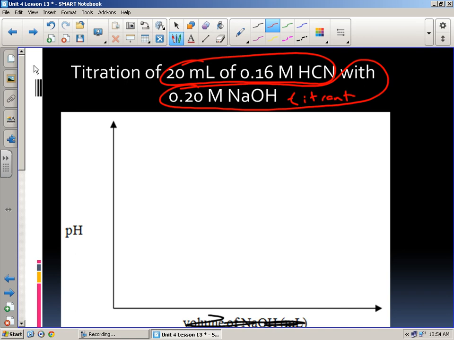That means it goes in the burette. This here would be your aliquot, which goes in the bottom. So what are you starting with in the bottom? Where should I start the pH? Low, high, medium? What do you think?